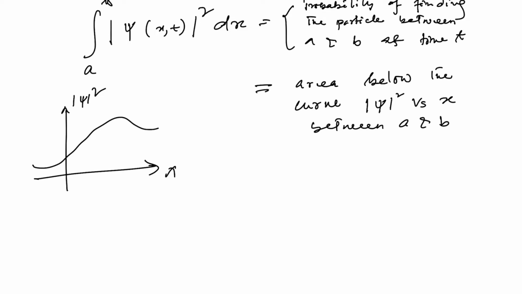Suppose this point is A, this is B, and the probability of finding the particle in this interval is given by the area of this shaded region. Okay, so now let me explain with an example.